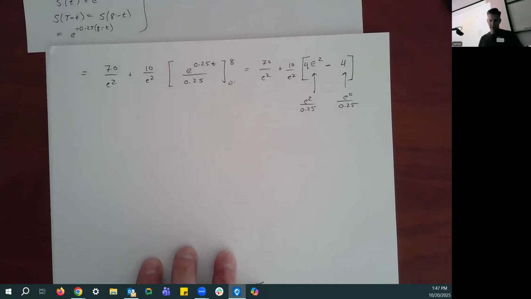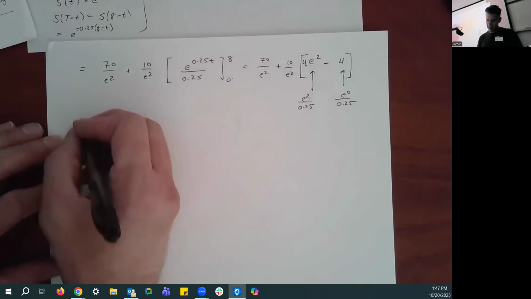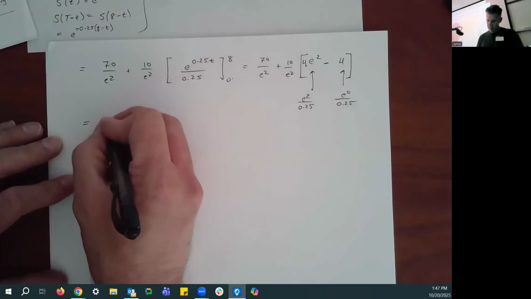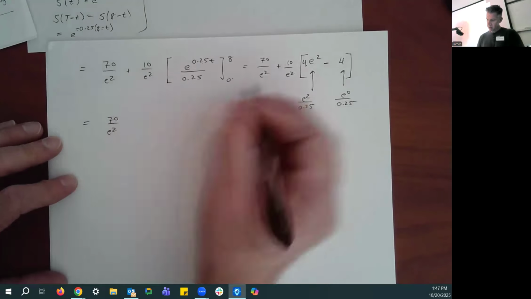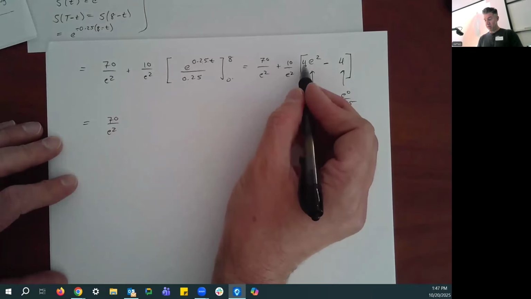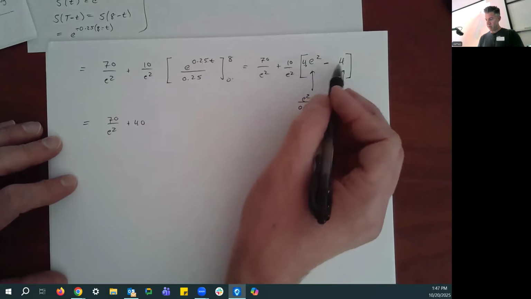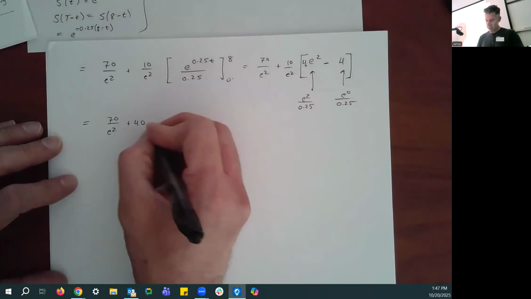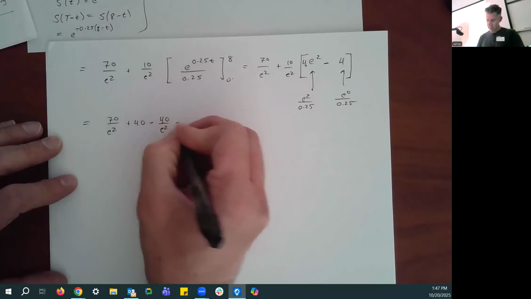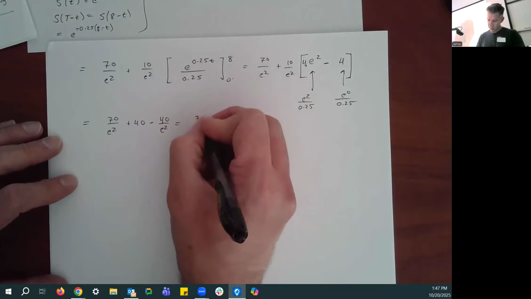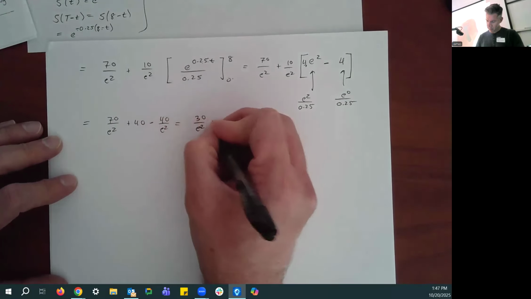And then, yeah. So simplifying this slightly more, I've got 70 over e squared, 10 over e squared times 4e squared. The e squareds cancel and you get 40. And then 10 over e squared times negative 4 is minus 40 over e squared. So we can simplify this pretty nicely to 30 over e squared plus 40.